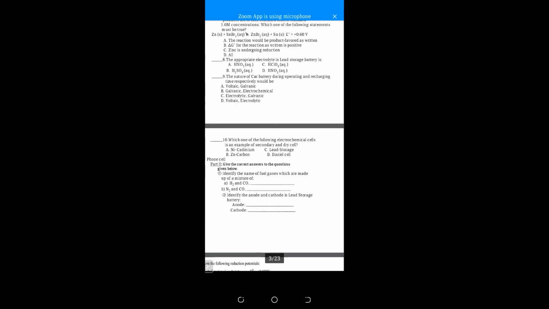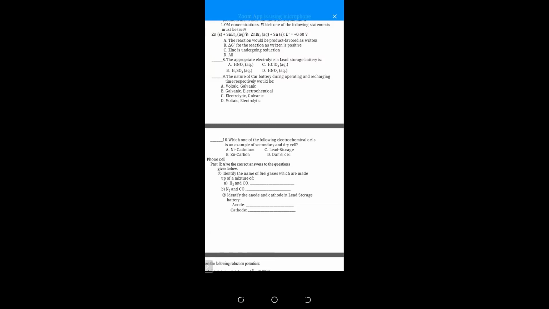Number 9. The nature of car battery during operating and recharging. Most of you have missed this question. The nature of car battery during operating and recharging time, respectively, would be what?